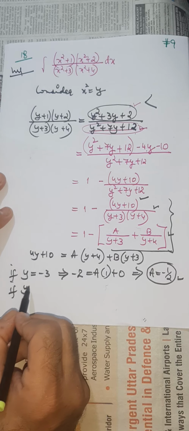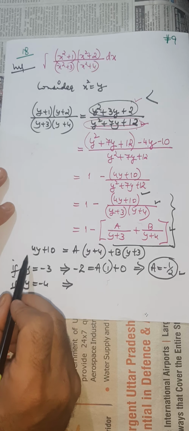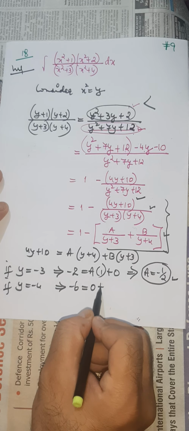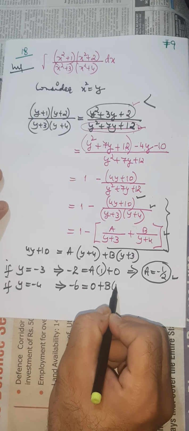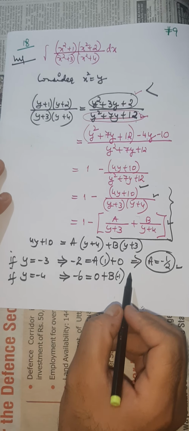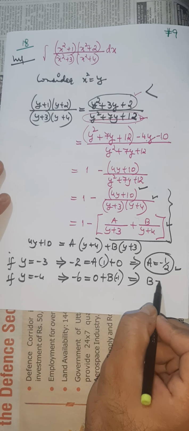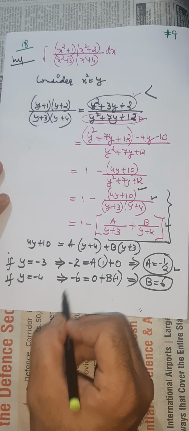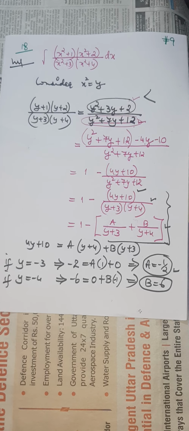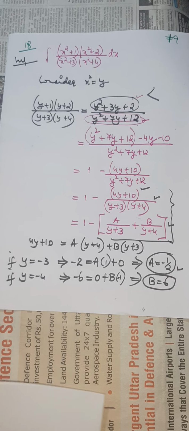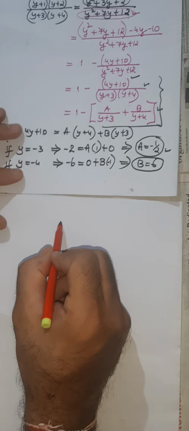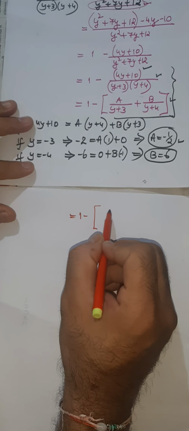Next, y equals to minus 4 here. Minus 16 plus 10, so minus 6. This is 0. Here minus 4 plus 3, so minus 1. So what is b from this? Which is 6. Minus minus will get cancelled. So finally, if I just come to this, 1 minus, inside the bracket, what is a?